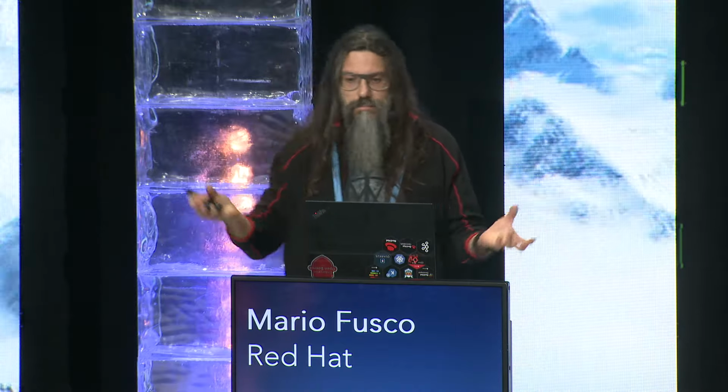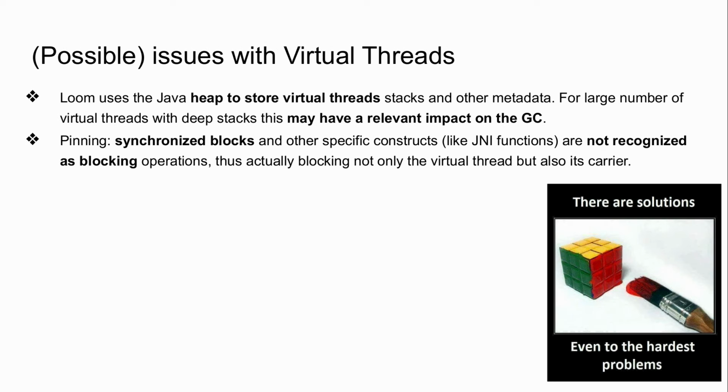The other very important thing to know and to avoid is pinning. What is pinning? I said that when a virtual thread performs a blocking operation, it is removed from its carrier. The carrier is freed and can be mounted on another virtual thread and let that other virtual thread do its job.